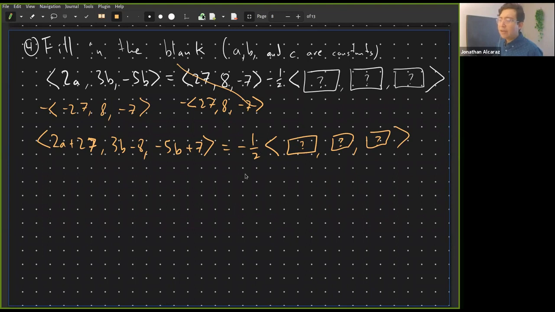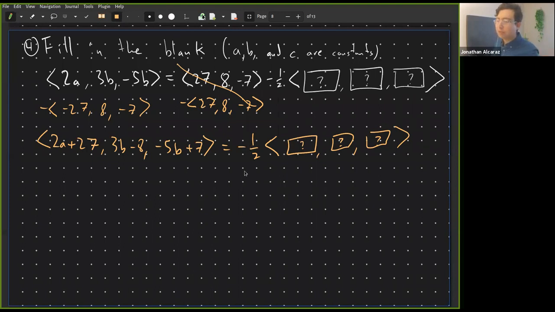Now I need to cancel out this negative 1/2. Someone's asking a question: is it plus 27? Yes, this here is plus 27. Now, to cancel out the negative 1/2, I multiply by negative 2, because negative 2 times negative 1/2 is just 1.